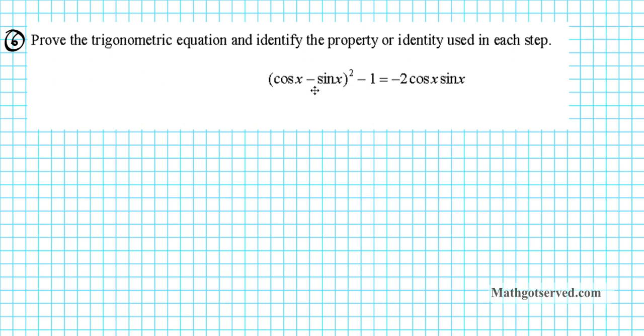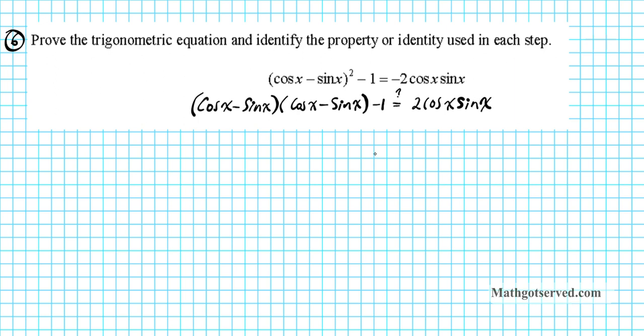We can express it as cosine x minus sine x times itself. That's what squaring is, right? Times cosine x minus sine x, minus 1. Is it equal to 2 cosine x sine x?